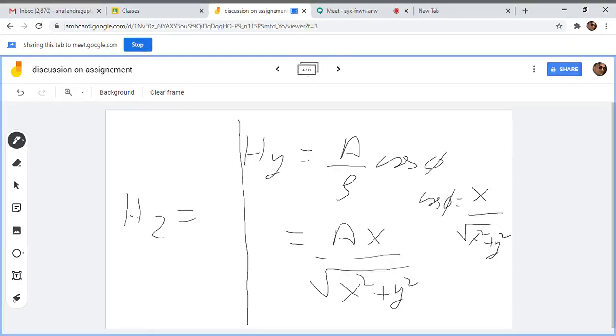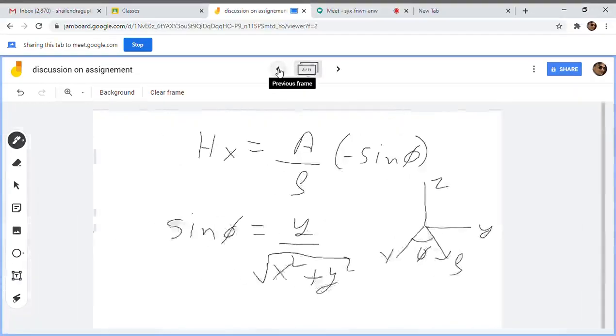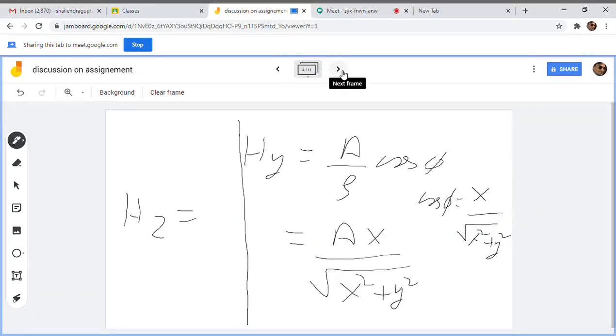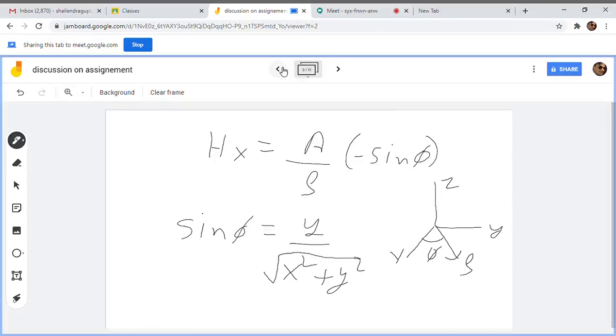You see, rho is under root x square plus y square, the hypotenuse, no? And your cos phi is x upon this rho. So I think there will be another x square plus y square multiplied, so it will be a whole square. Sorry for the mistake.